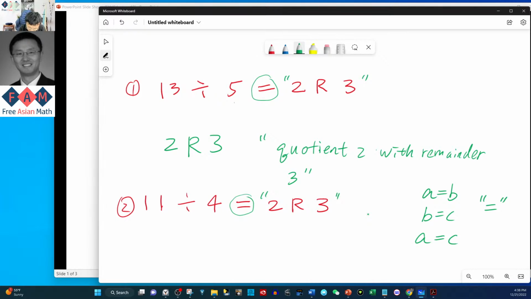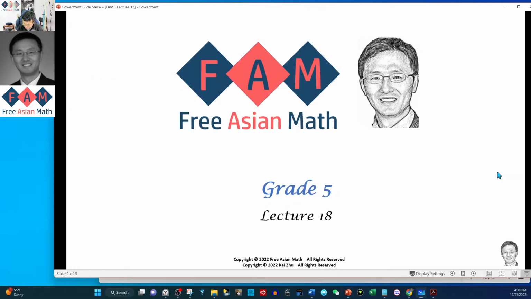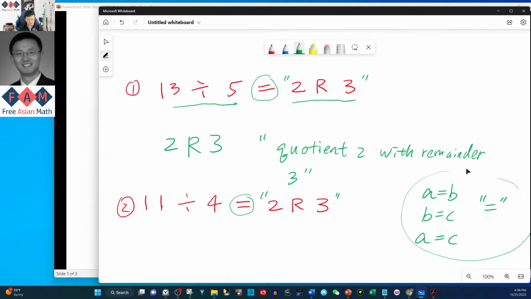So first, we see that 13 divided by 5 equals, quote unquote, 2R3, a quotient 2 with a remainder 3. But 11 divided by 4 also equals 2R3. By this property, we will have to agree that now 13 divided by 5 equals 11 divided by 4.